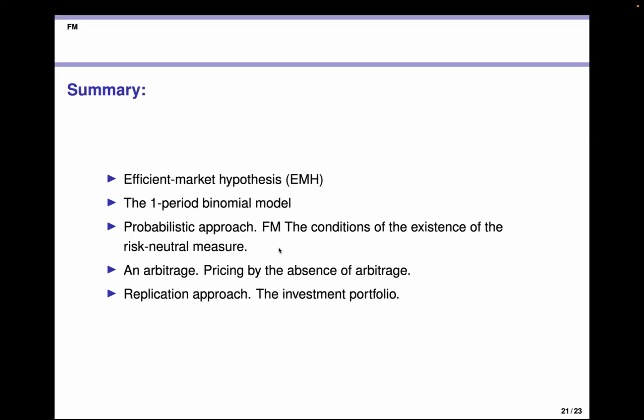Do you remember what this condition is? In the one period binomial model with S, S multiplied by U, S multiplied by D, and we know S, U, D, and R, what is the condition that a risk neutral measure exists?